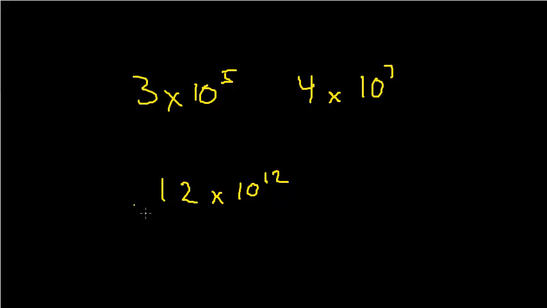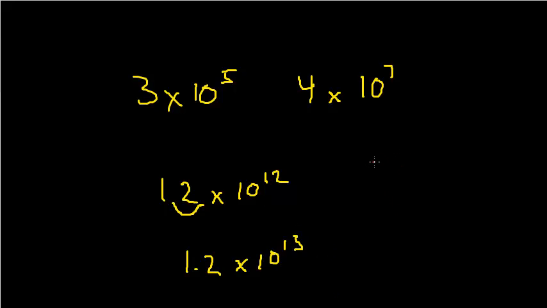This is not in the correct form. To fix that, I need to move the decimal from here over here. So I have 1.2 times now 10 to the 13th power. Because I shrunk this number, I needed to raise my power.